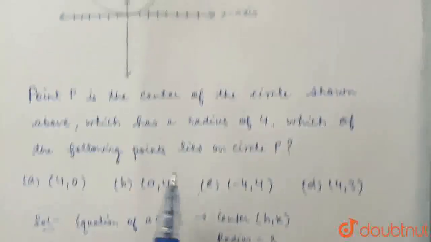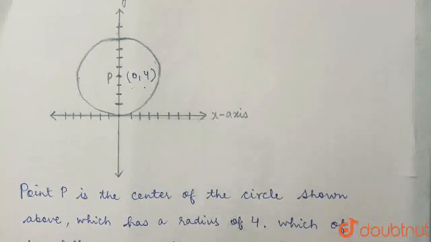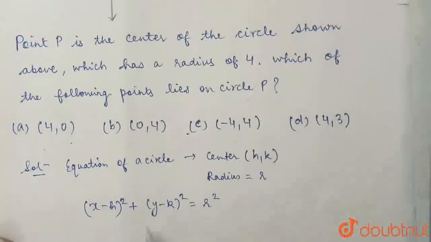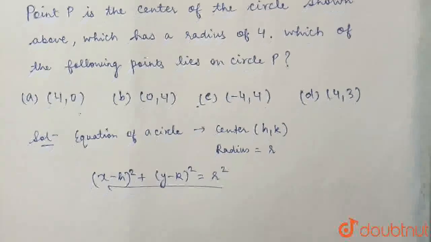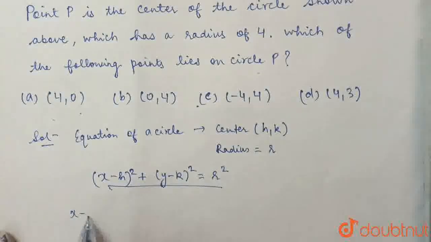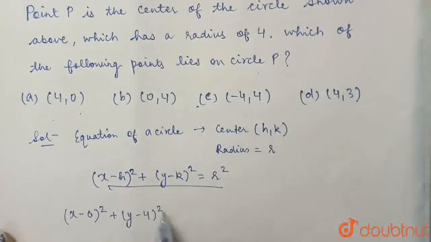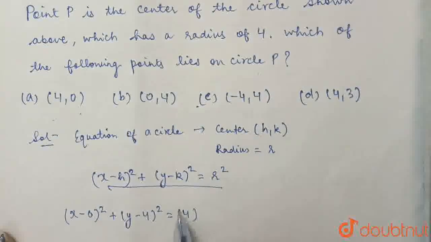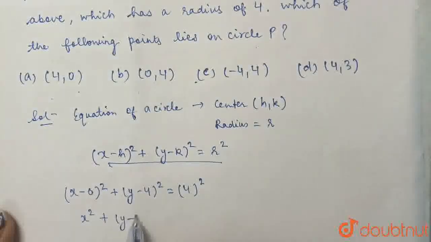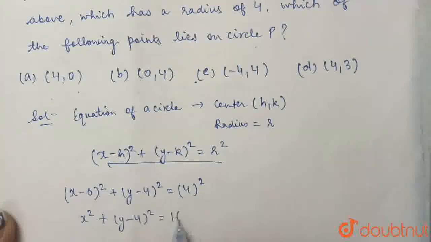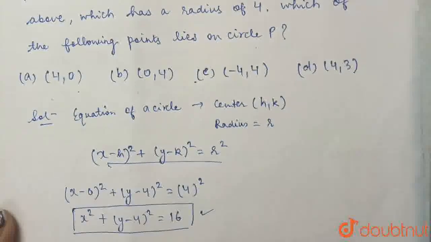Now we know that in this figure the center is (0, 4) with radius 4. So putting these values in the general equation, we get the equation of the given circle. So we get (x - 0)² + (y - 4)² = 4², which becomes x² + (y - 4)² = 16. So this is the equation of the circle which we are given.